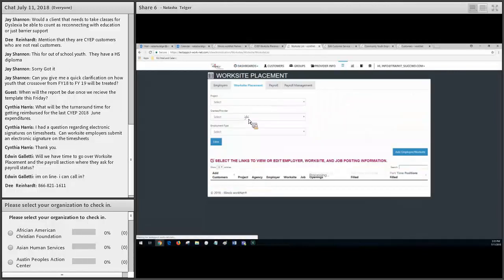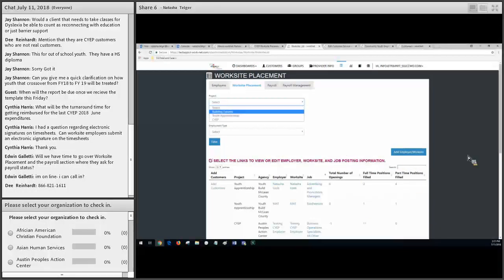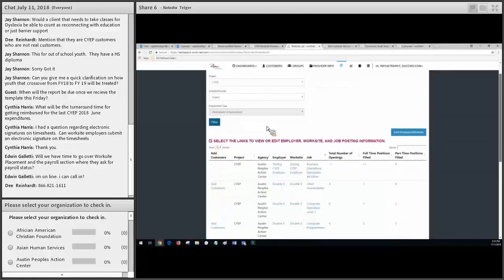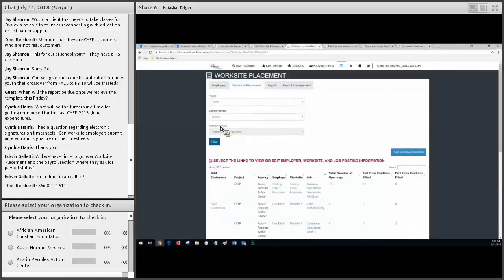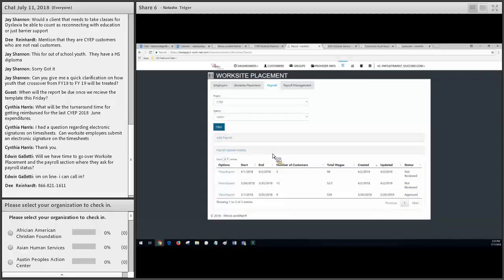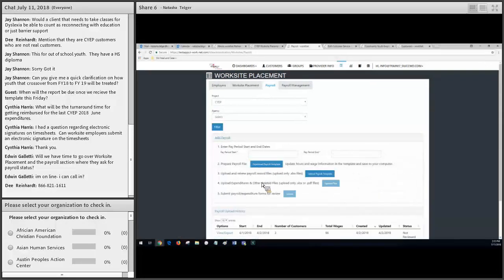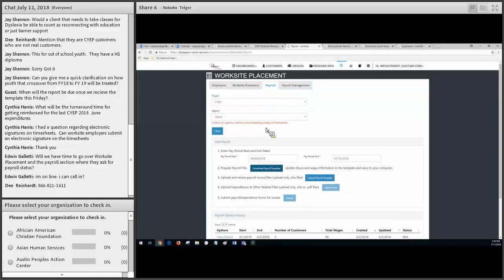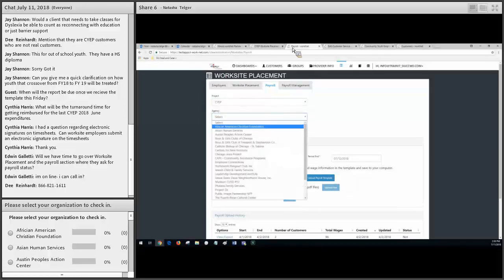Okay. So what you would do there is you go into Worksite Placement, and you would go into this payroll area. You can add a payroll. I'm going to say, who knows what I'll get because I'm in test, but we're going to give it a whirl here.